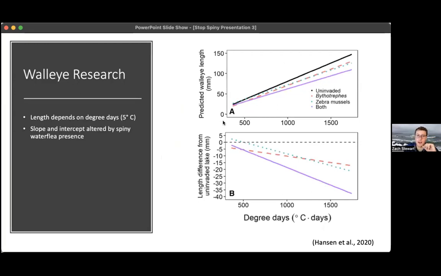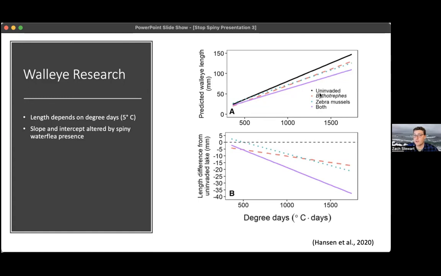So up here on the top, again, we've got walleye size getting longer towards the top in millimeters, and then we've got degree days going across the x-axis here. And the black line is for what I'll call normal lakes, or lakes that don't have an invasion of spiny waterfleas. So as you can see, those walleyes are growing bigger every degree day they live through.